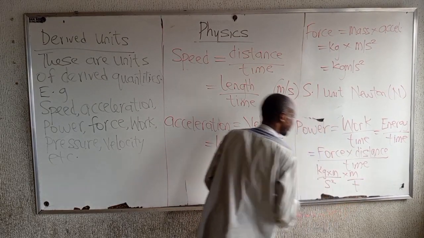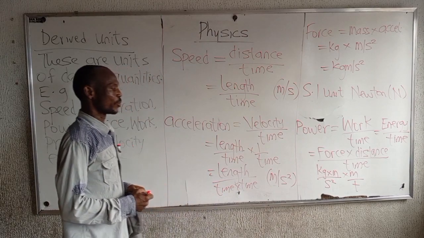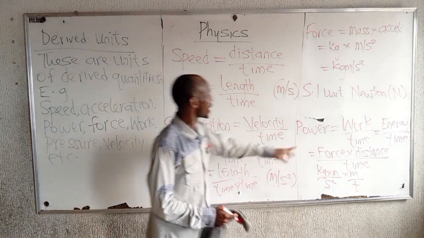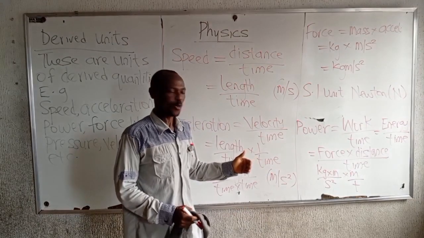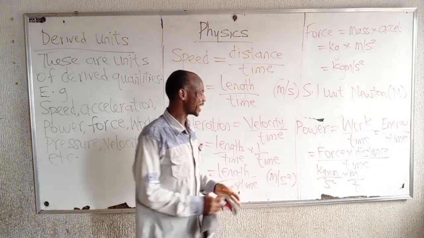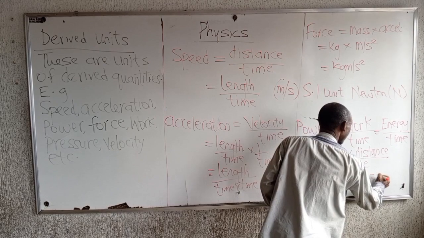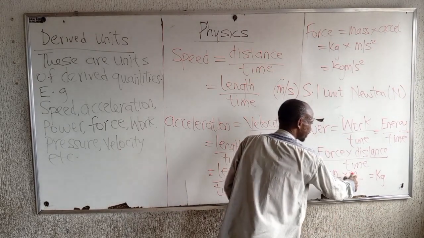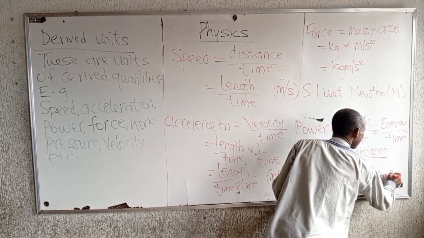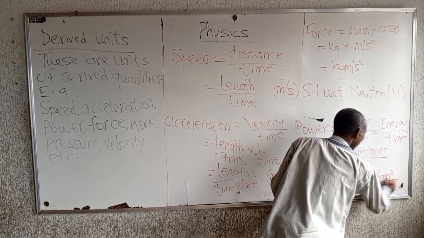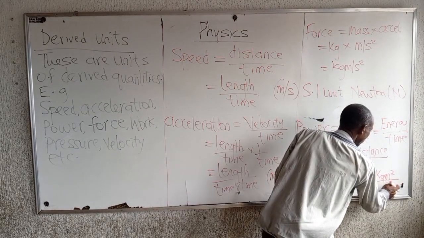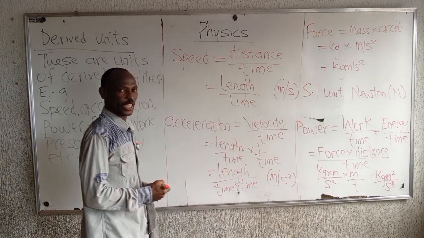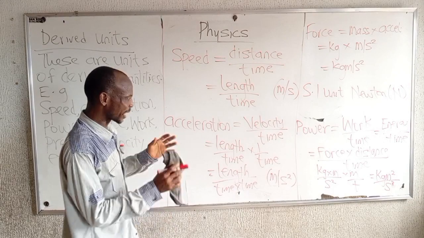We have time. So our power here can now be written as: the unit is kilogram. Meter times meter gives us what? Meter square. All over what? Seconds cube.